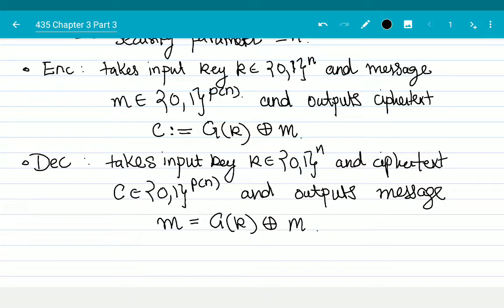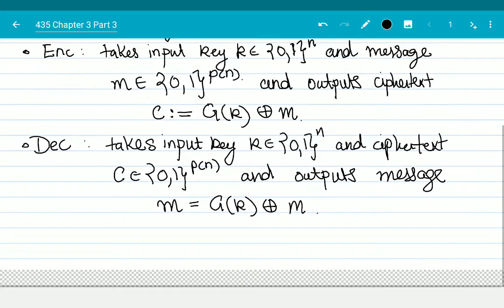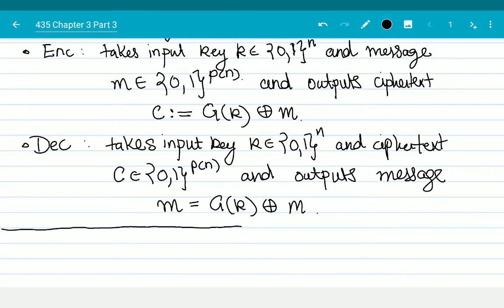Once again, the correctness was obvious, and the goal now was to show that this is secure.